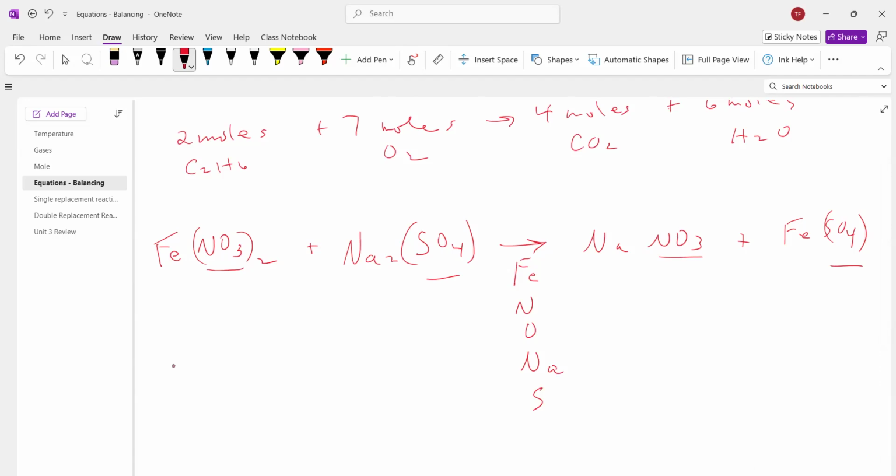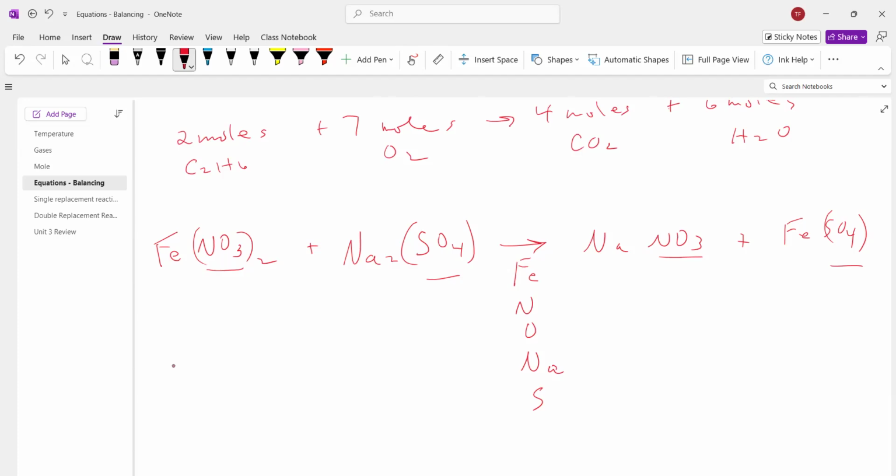So if you find a common ion on both sides of the equation, we're going to treat this slightly different. So instead of separating the oxygens from the two ions, we're going to treat them as different oxygens. So the NO3 oxygen is different than the SO4 oxygen.